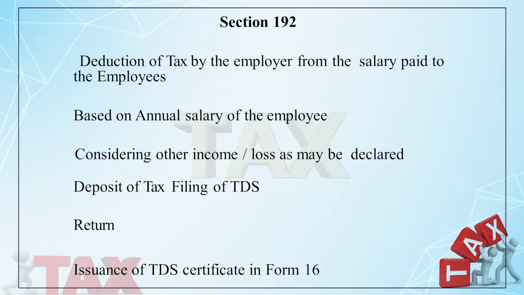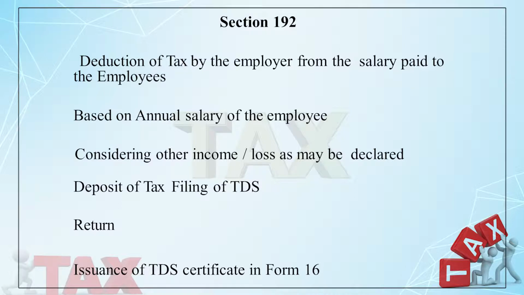The section also empowers the employer to consider other income, like income from interest and income from house property, if the employee concerned declares such income to the employer.